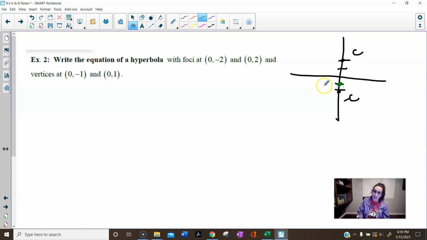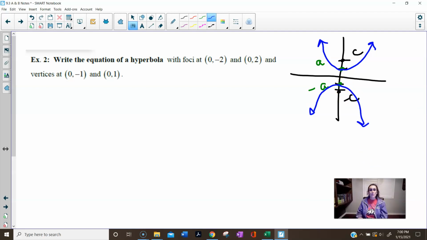So that's your A, or opposite of A, and 0, +1. So if I were going to do just a quick sketch of what this looks like, this is going to be a happy and a sad hyperbola. So we are going to write the equation.